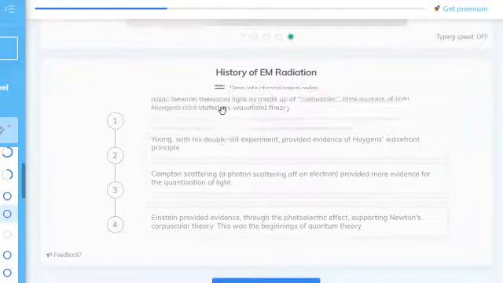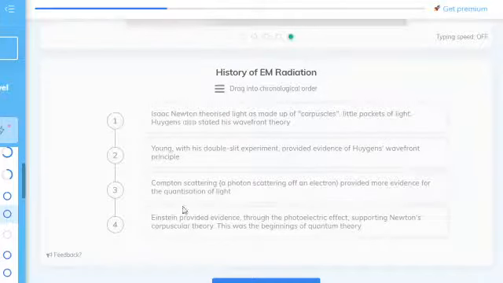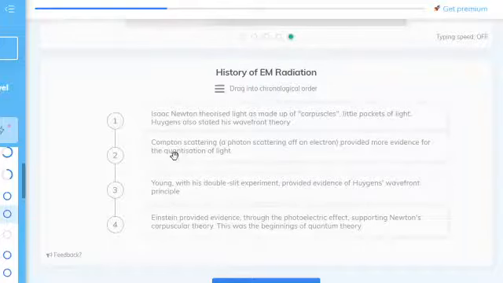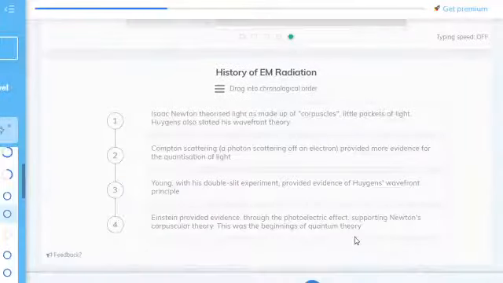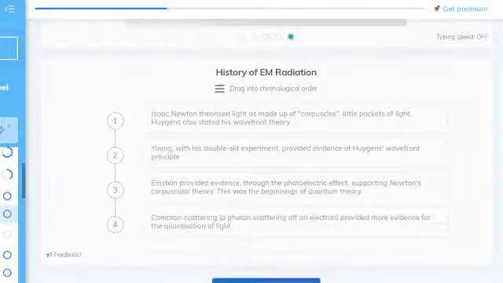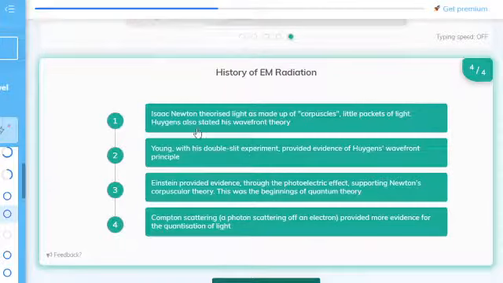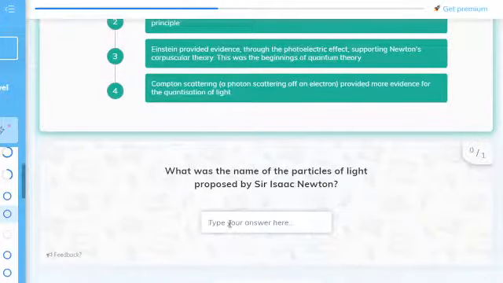So the history of EM radiation. First of all was Newton, then it was Huygens, whatever his name is, then it was Compton's scattering. No, Compton was last, I think. Yeah, Compton was last. So it was Young, Einstein, Compton. What was the name of the particle of light? Corpuscles.